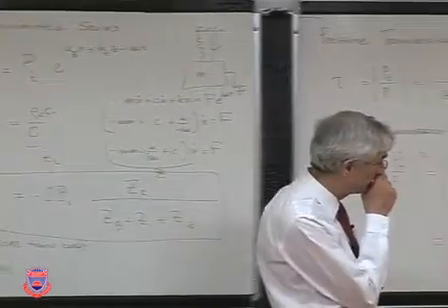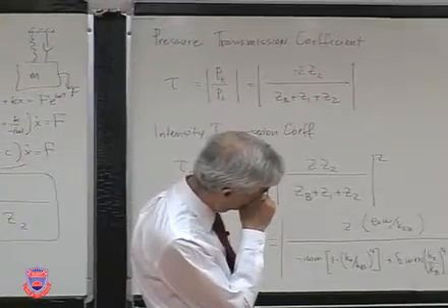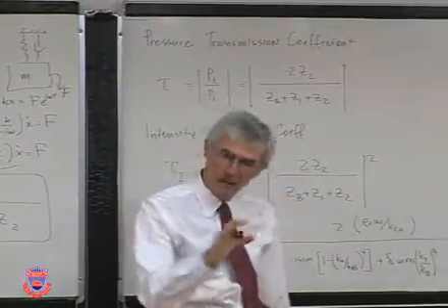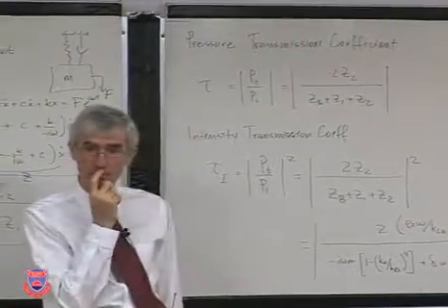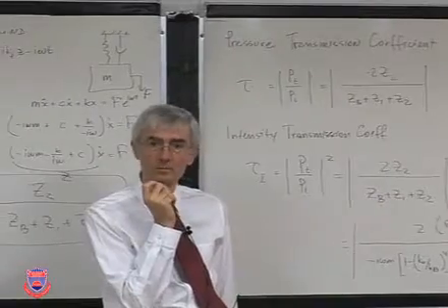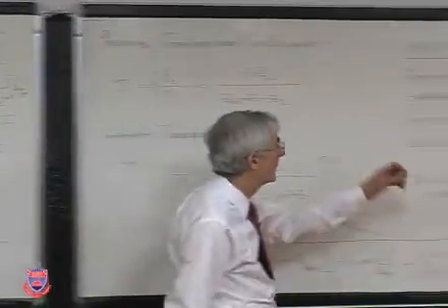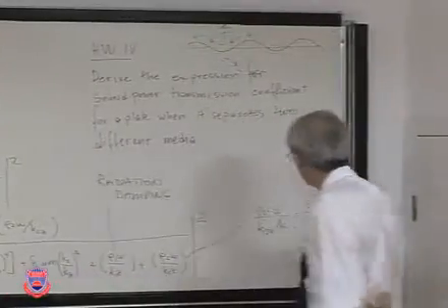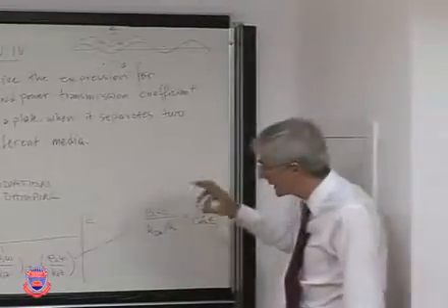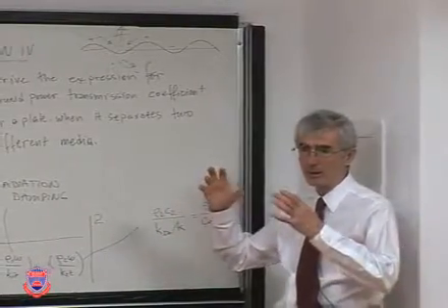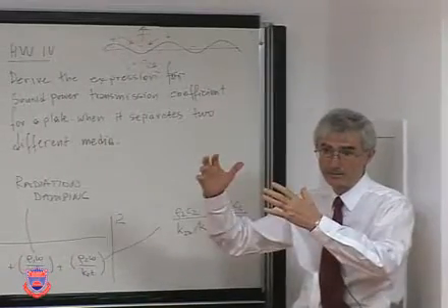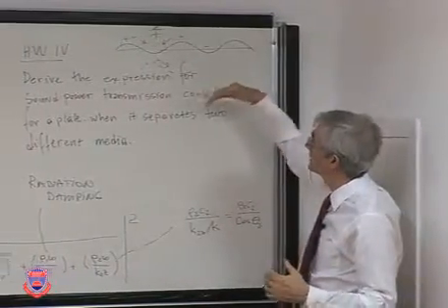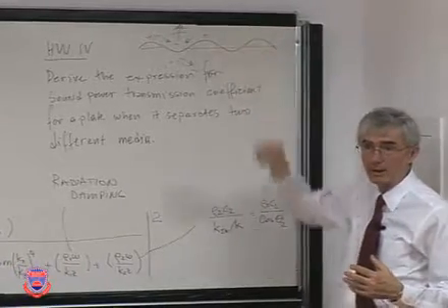Yes? Cosine is imaginary. What does it represent? Well, it's a condition that represents no radiation. There's just no radiation moving out.